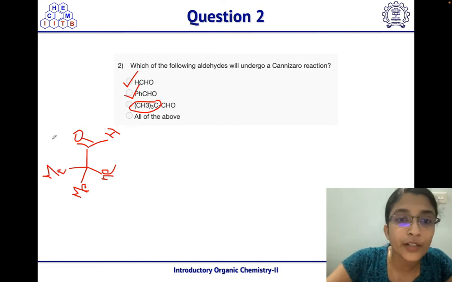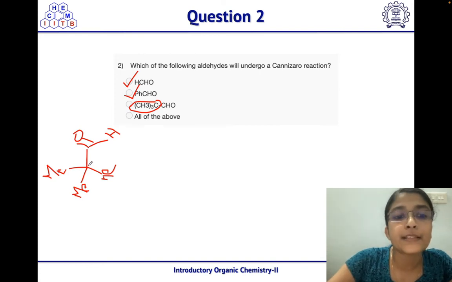In case of this tert-butyl aldehyde as well, it is not having any alpha hydrogen. So this is also a possible candidate for Cannizzaro reaction. So all the above three aldehydes can undergo Cannizzaro reaction.